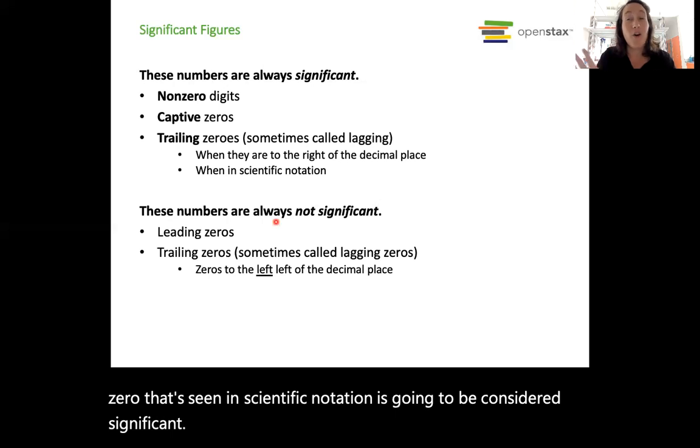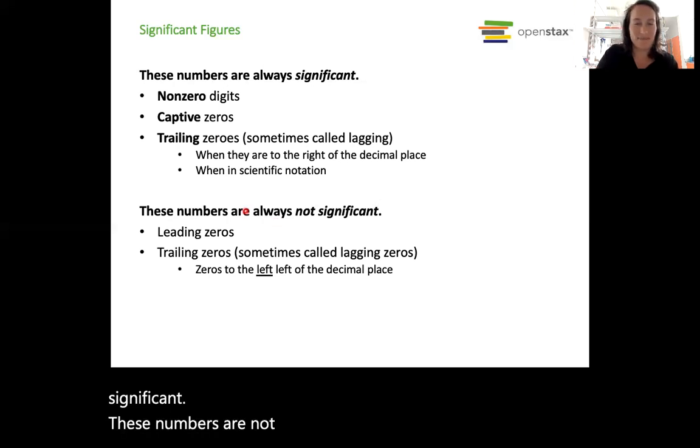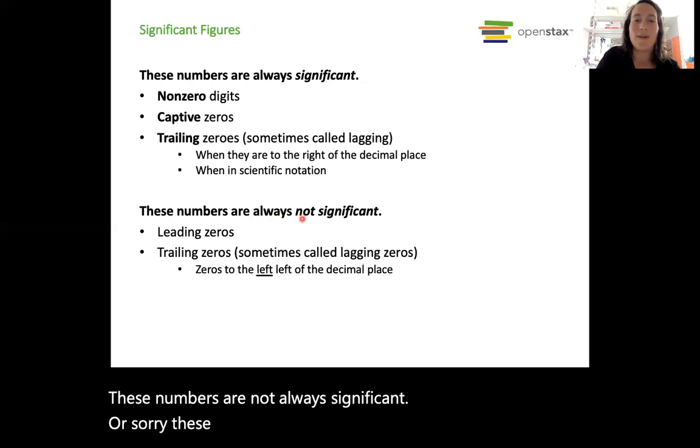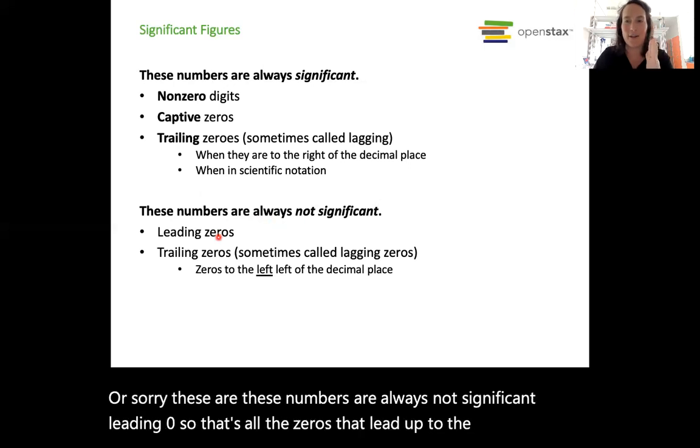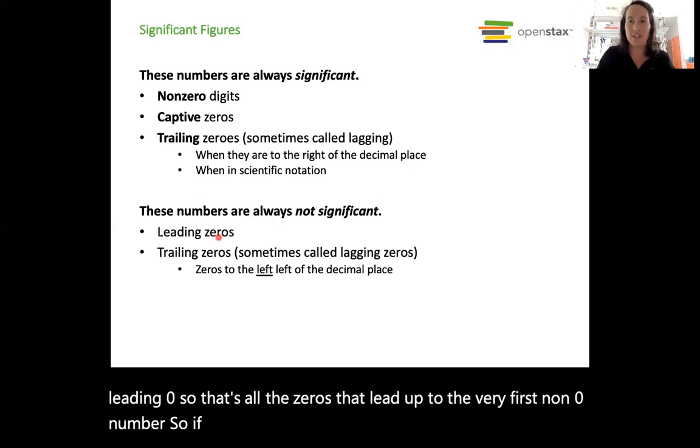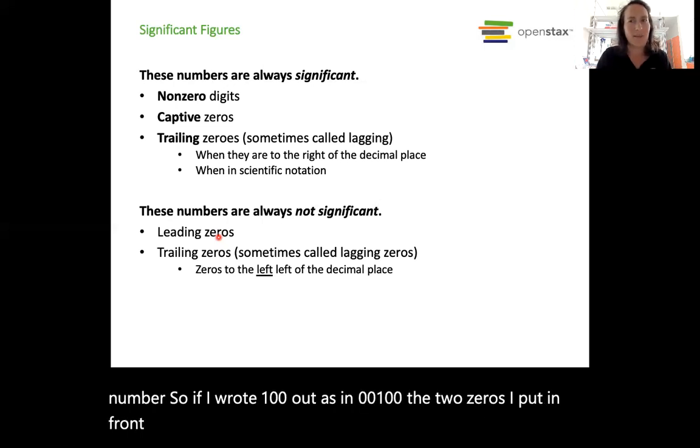These numbers are always not significant. Leading zeros, that's all the zeros that lead up to the very first non-zero number. So if I wrote 100 out as 00100, the two zeros I put in front of the 1, which are totally pointless, are not significant at all.